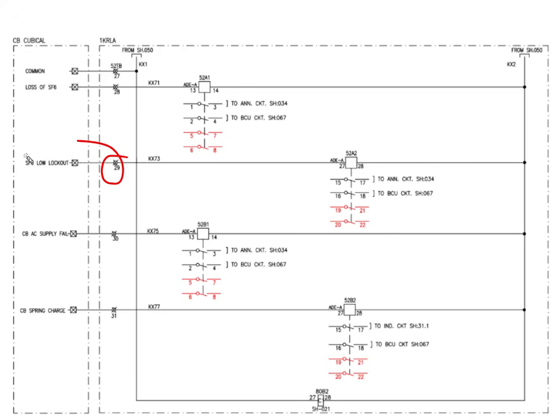That's it. 52 TB29 and the KX ferrule is KX73.